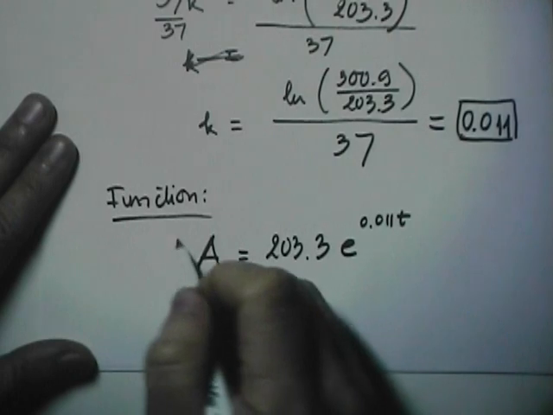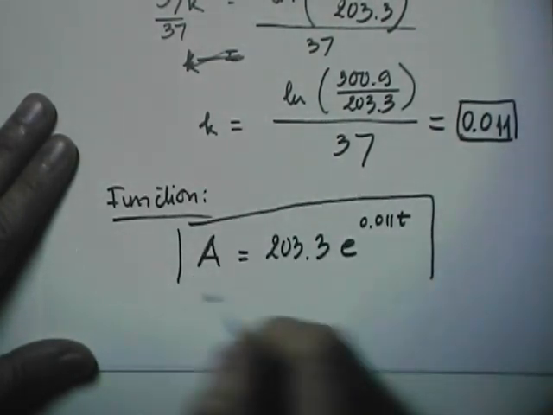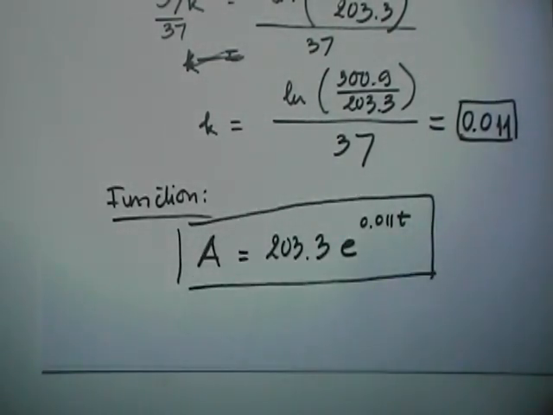That is my function that models the exponential growth for the US population according to the information given in this problem. Okay? So now, we are done with part A of that example. So let's move on to part B of the example, and look at what it is like.